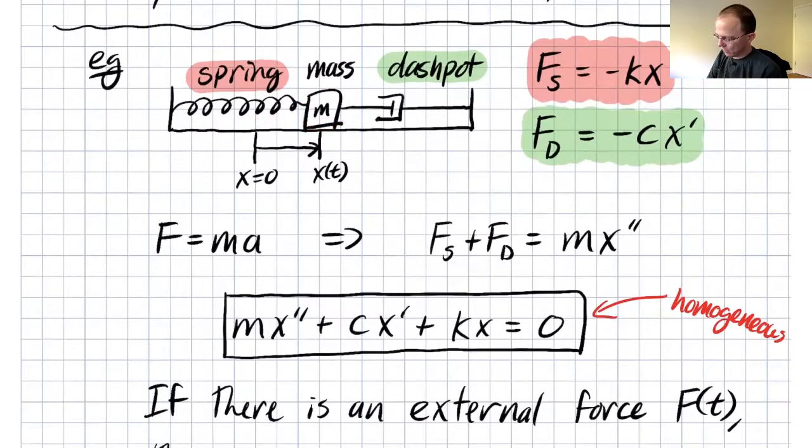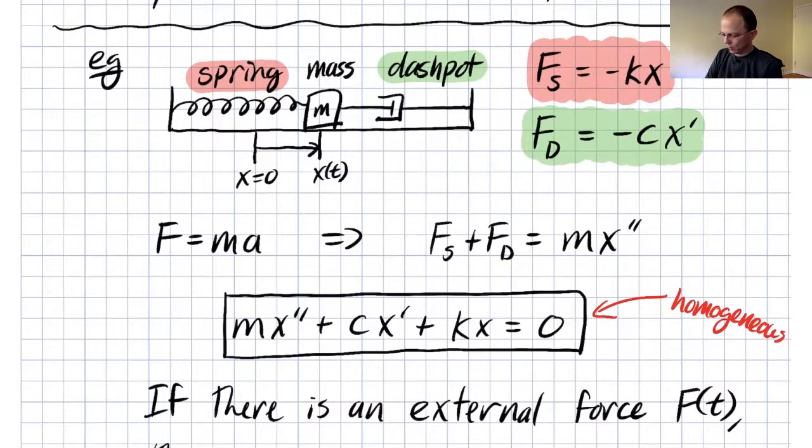And on the other side, it's attached to a dashpot, which is, for example, on doors, the device that makes sure that it closes slowly. That is an example of a dashpot.